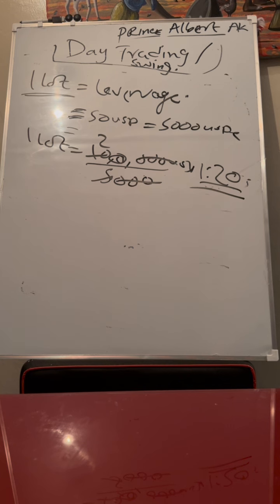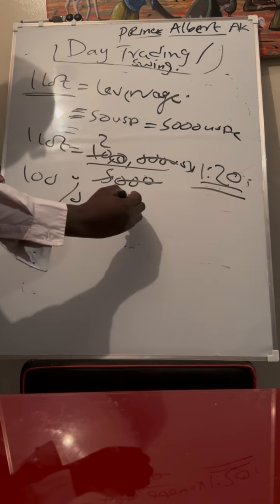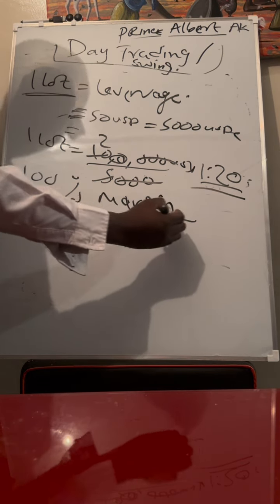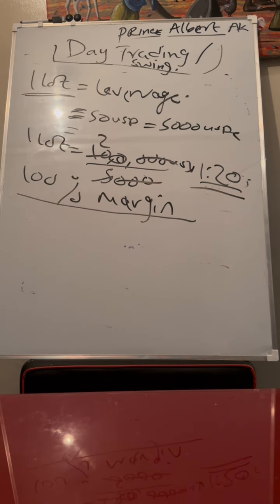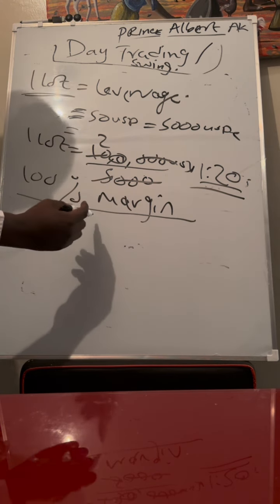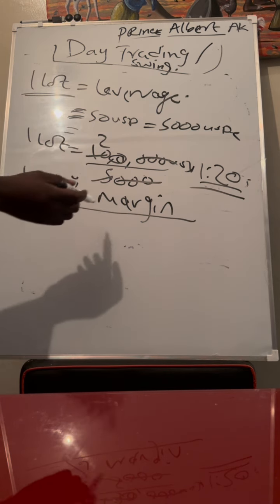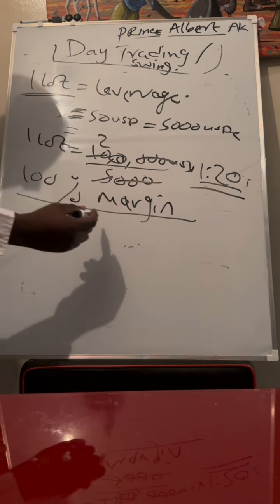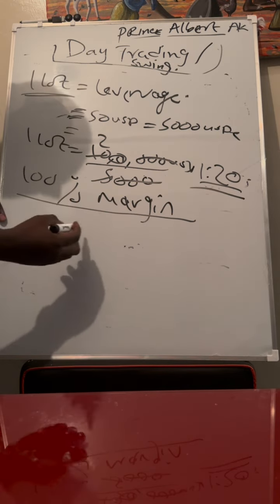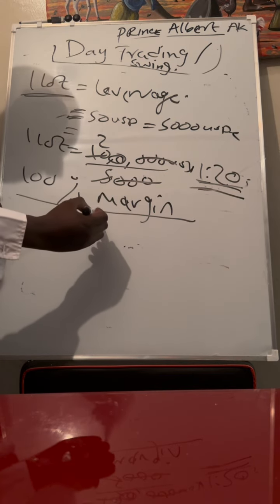But that means if you open at 1 is to 20, you will be using 100% of your margin. Your account will have a margin call very fast. So what are we going to do in this case? We are going to at least increase our leverage to 1 is to 100.